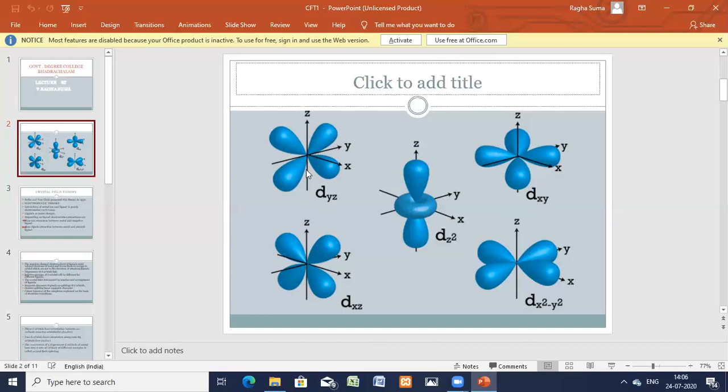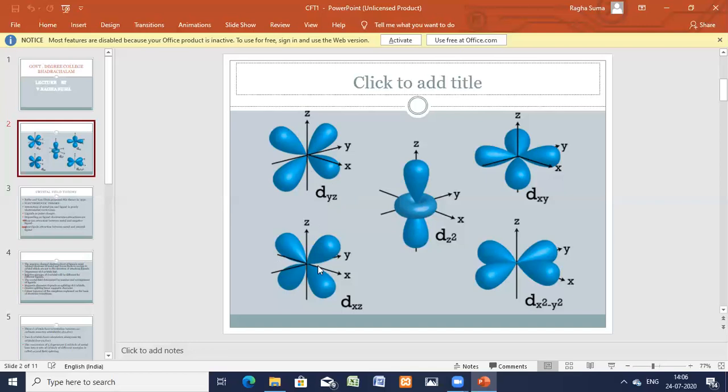Again, here this is y and this is z, and between these two you have a lobe. And here this is z and this is y, and between these two you have a lobe. So the four lobes are between the y and z axes.